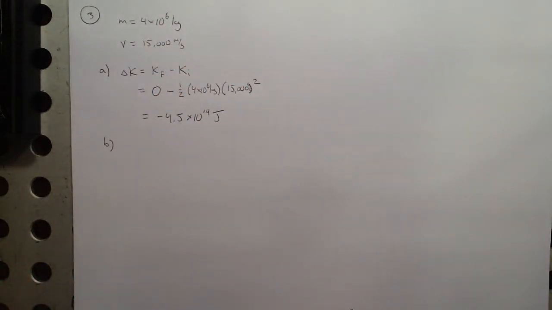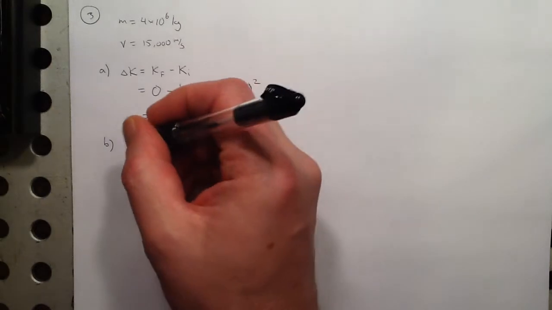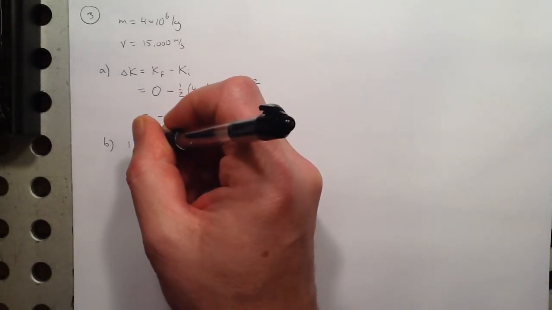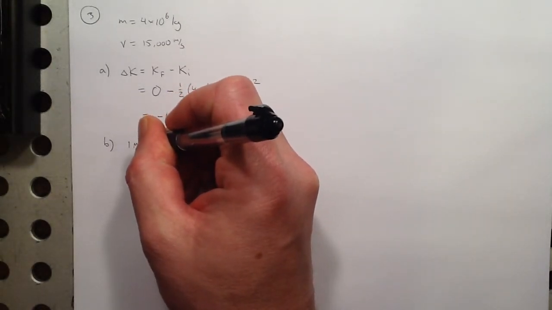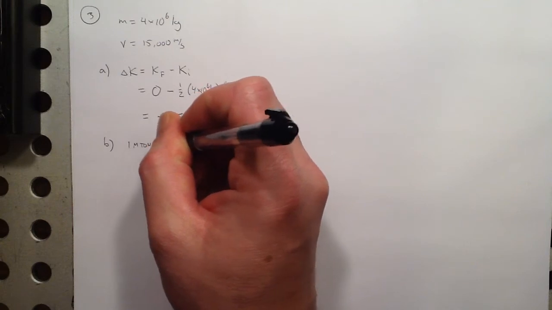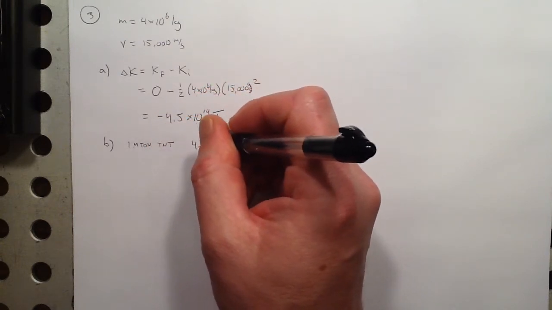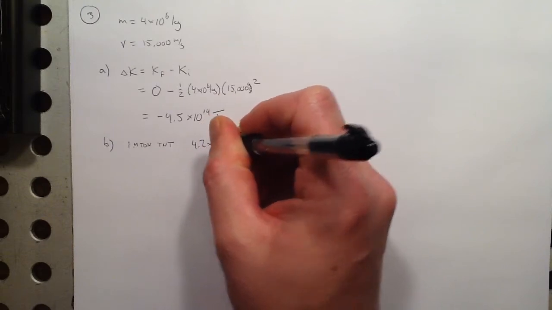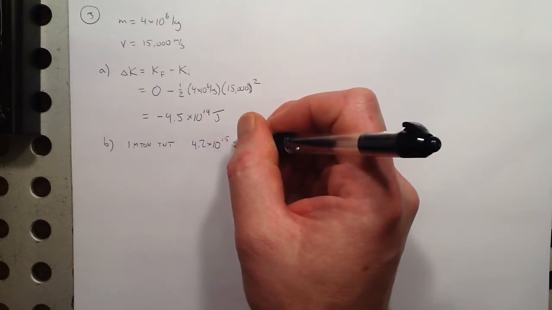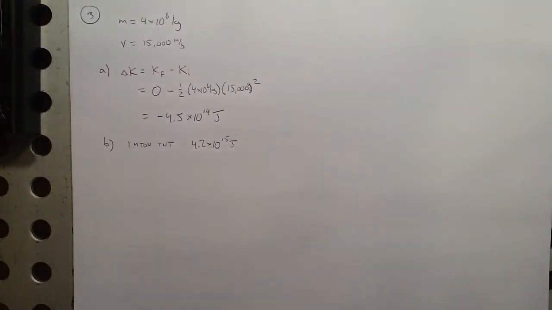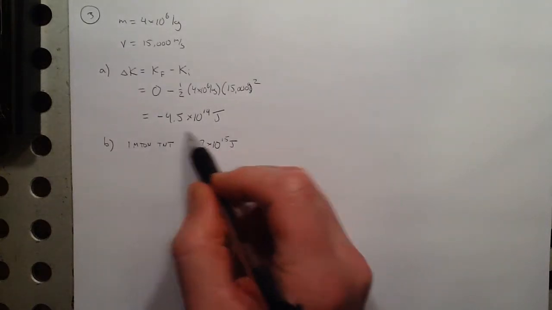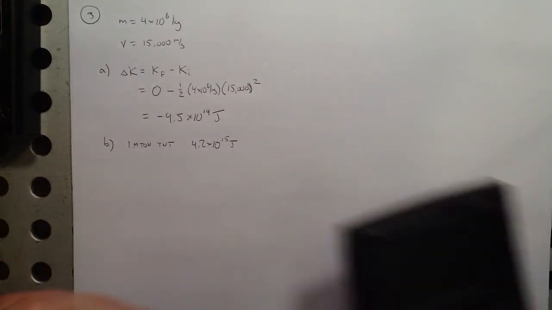Part B, express the energy as a multiple of the explosive energy of 1 megaton of TNT. So 1 megaton of TNT has an energy of 4.2 times 10 to the 15th joules. So it's this as a fraction of this.